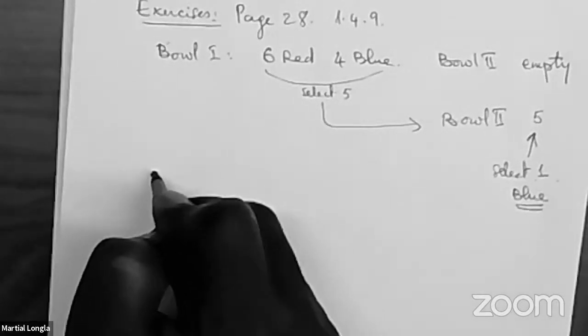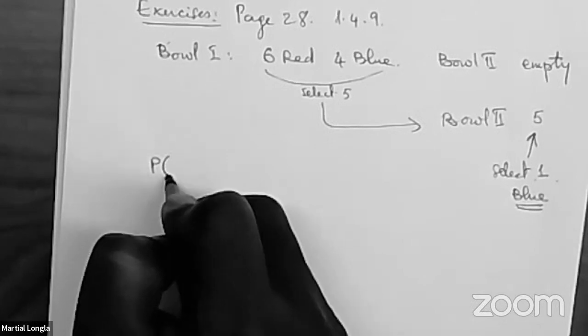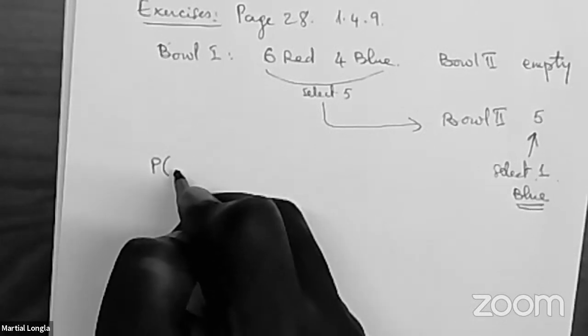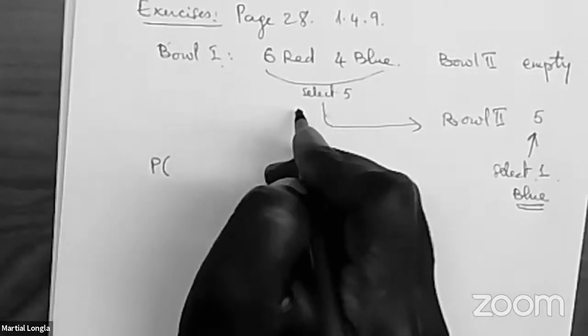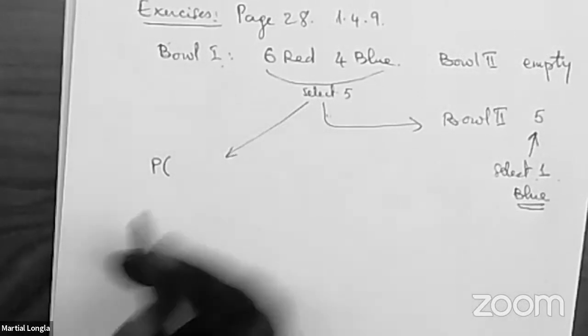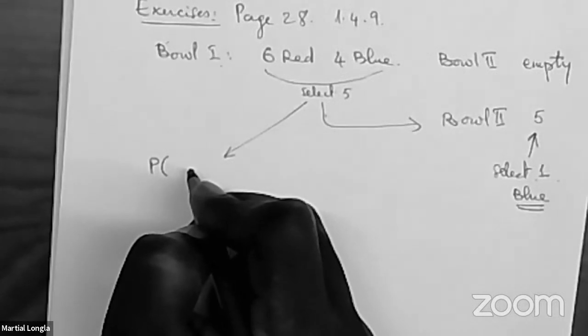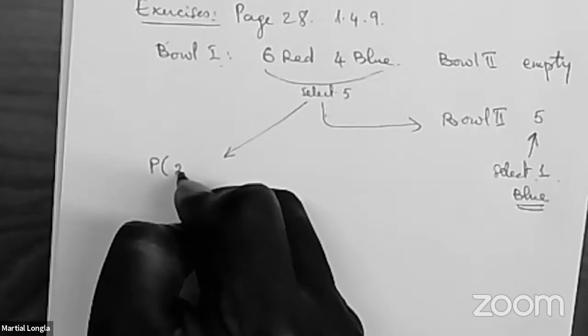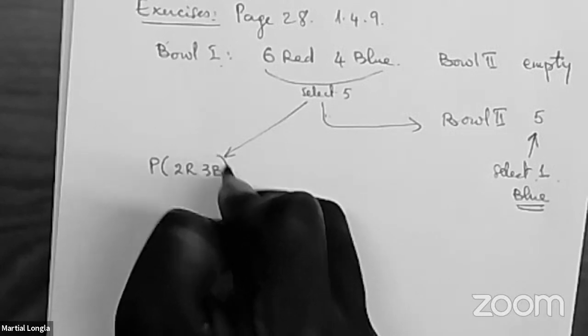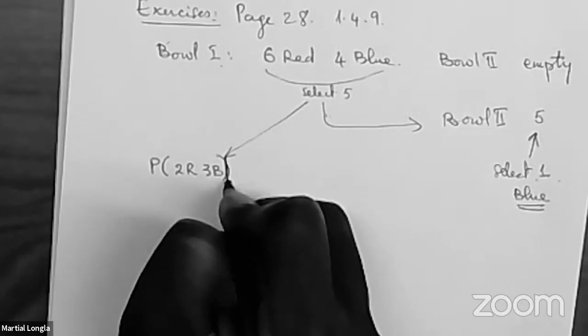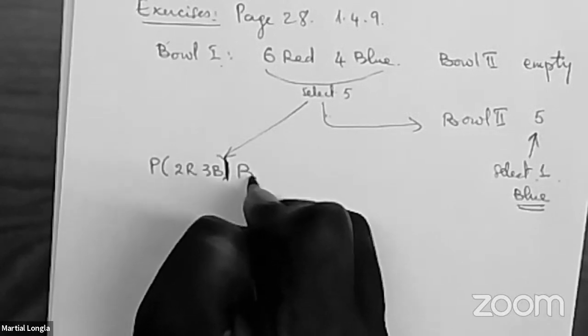And we want to know what is the probability that we selected here, this selection, 2 red and 3 blue, given that we got the blue at the end.